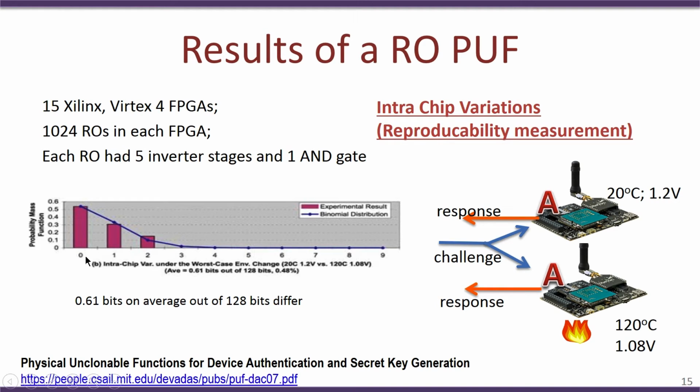What you see is that in most cases it is most likely that the response does not change with the different environmental conditions. So, on average there was 0.61 bits of variation out of the 128 bits of the PUF responses that were reported.